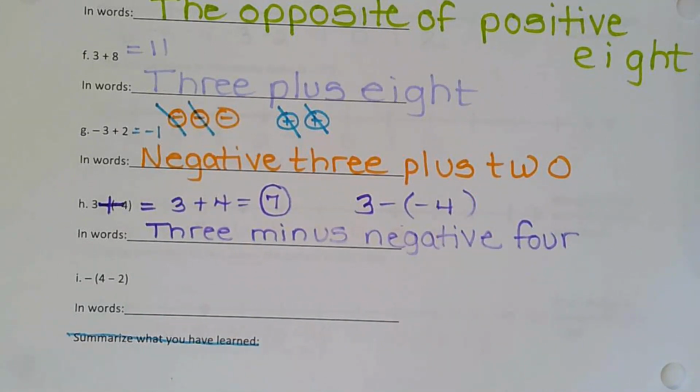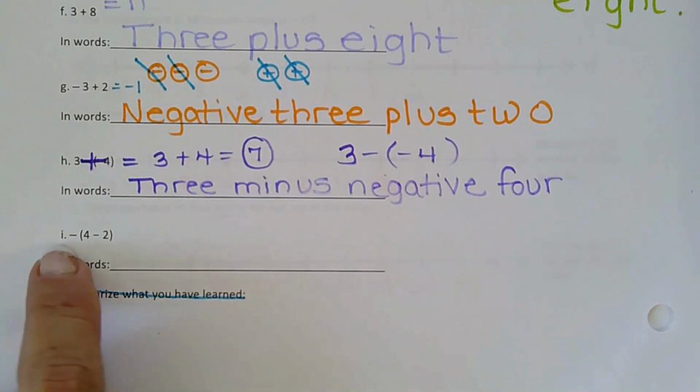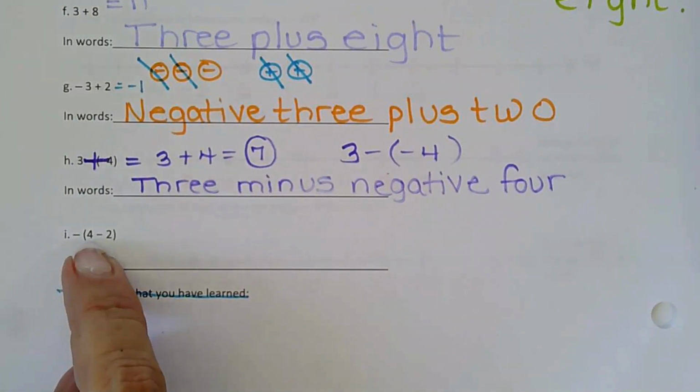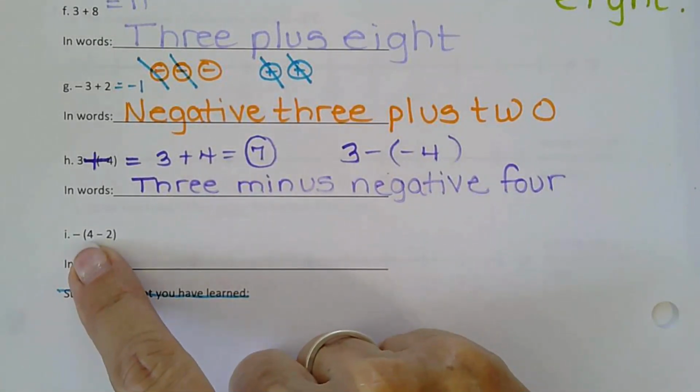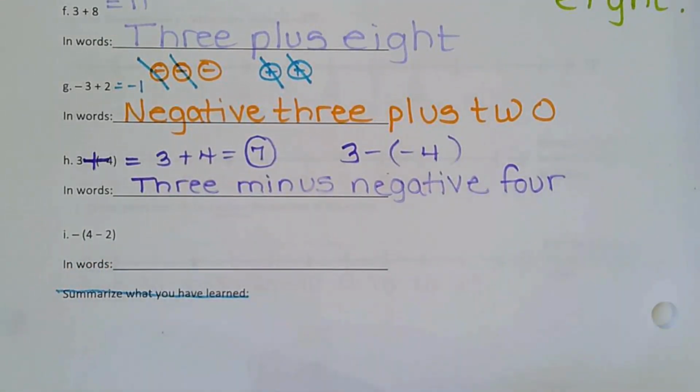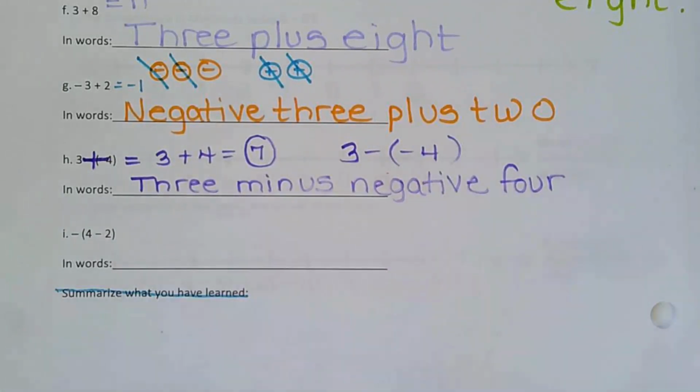Okay, now this one we have a negative sitting outside parentheses. And when the negative is sitting outside parentheses, that's when we call it opposite. So this would be the opposite, and parentheses are called a quantity. So we'd say the opposite of the quantity 4 minus 2, or the opposite of the difference of 4 and 2.